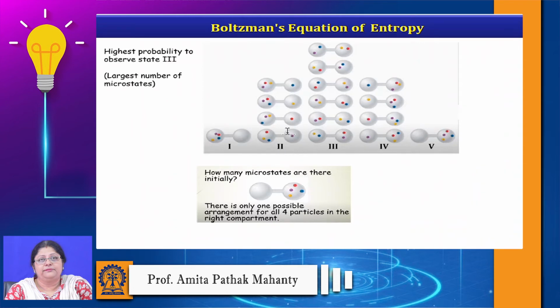Similarly, I can have one pink going, one red going, or one of the yellow going. These are the 4 possibilities I have. Only these 4 possibilities.